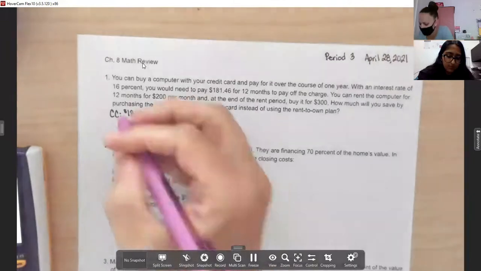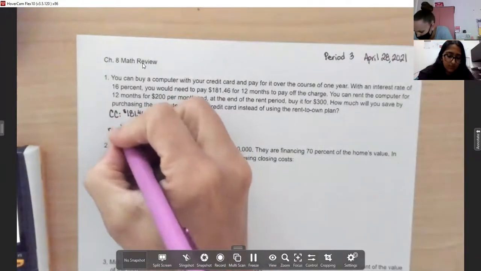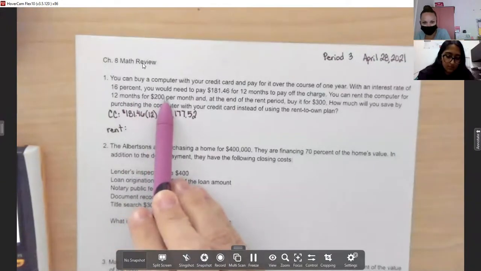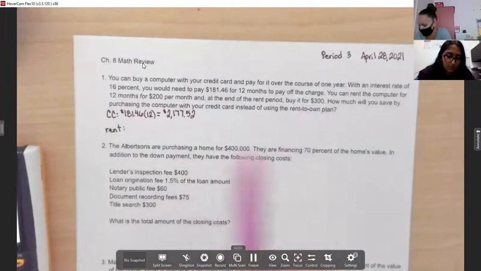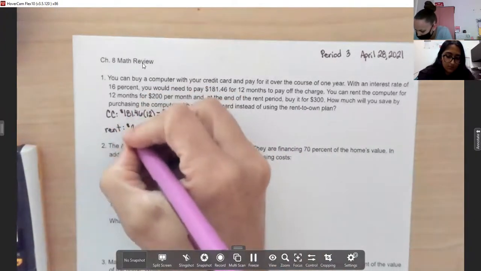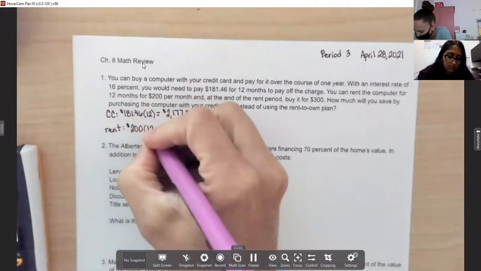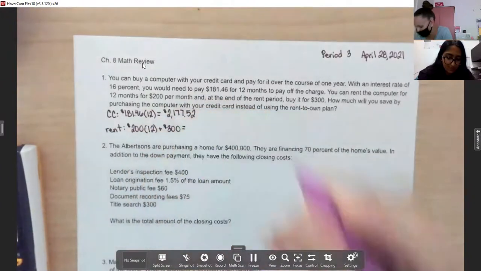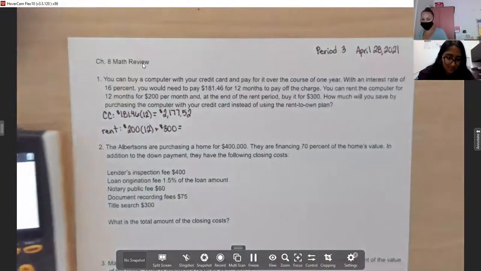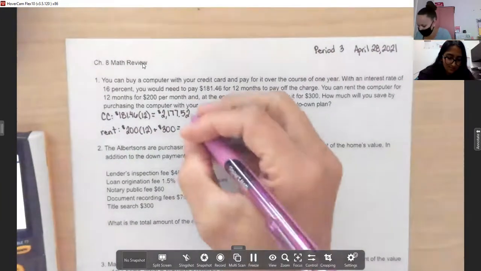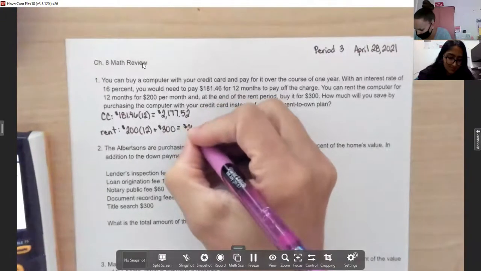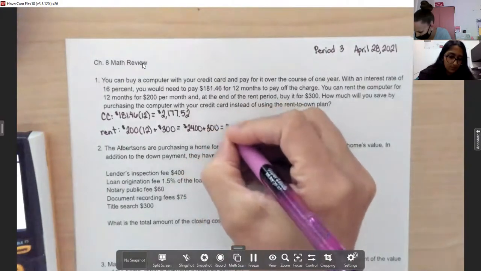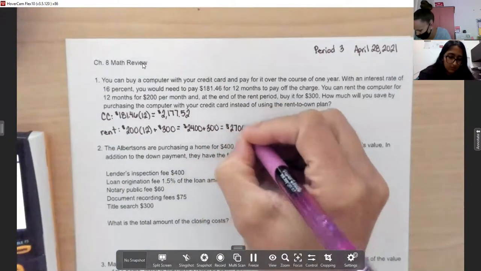If we do rent to own, so if we rent it, it says 12 months for $200 per month, and then you buy it for $300 after that. So $200 times 12 plus an extra $300. So 200 times 12 is going to be 2,400 plus the 300 is going to be $2,700 for the rent to own option.